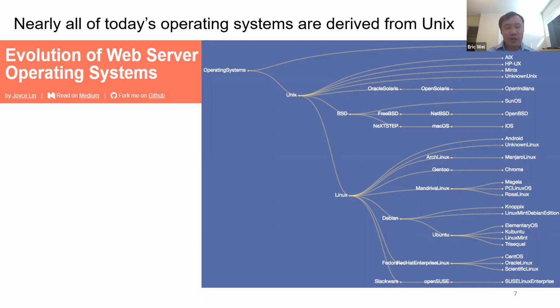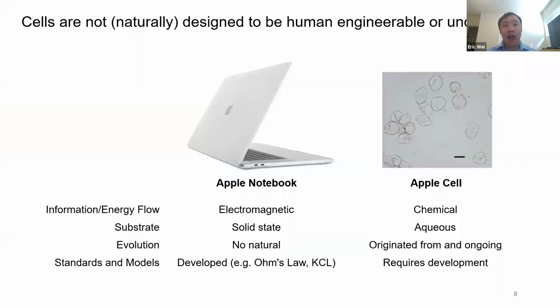So you definitely in this field have heard a lot of parallels from electrical engineering to computers to cells. But having worked in this field, having worked with cells firsthand, I don't want to declare that the way that we engineer computers, we can directly apply that to biology and cells.